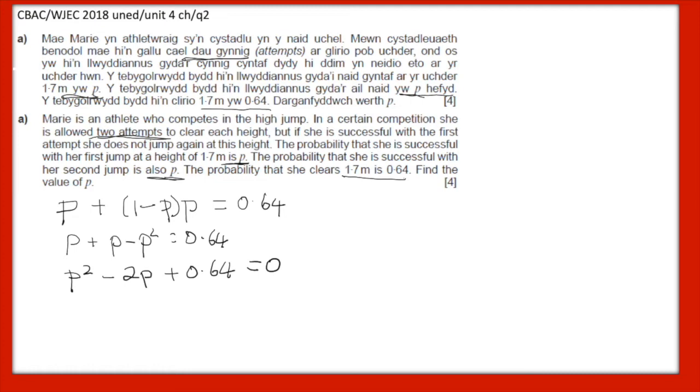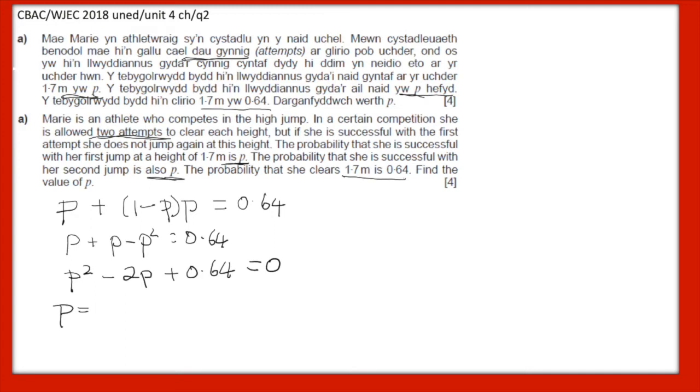Now there is no way in this world that you are going to factorize P squared minus 2P plus 0.64. And we all know that the trusty white calculator, the ClassWiz, does the job for you, but under exam conditions, you must show the technique that you're using. So you have got to use the formula. You don't have to quote the formula, but it's not a bad idea. If you use a formula, make sure you use it properly.